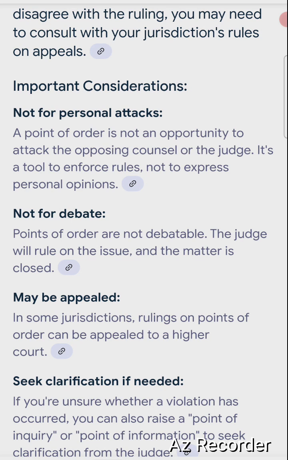Not for personal attacks. A point of order is not an opportunity to attack the opposing counsel or the judge. Keep that in mind, because you have some people that's coming into this knowledge, and they think that, because I'm right, I can talk and act any way that I want. They think that being belligerent means being disrespectful, evil, and imprudent.